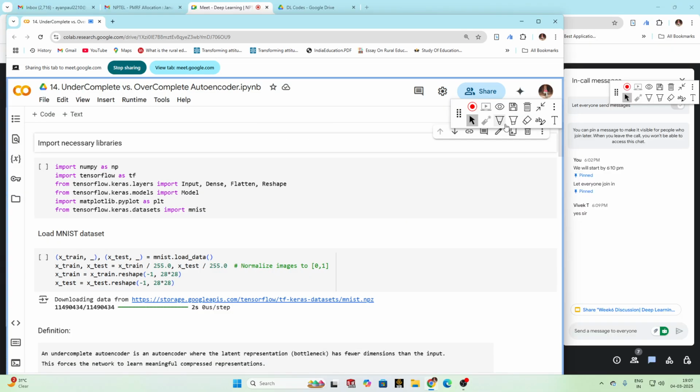This is a code I have written for the difference between an under complete and an over complete autoencoder. I will not run the code, as I have run it before the class, so the output is below the code. If you want to try this code, you just have to open the DL code folder that I have already provided to all of you.